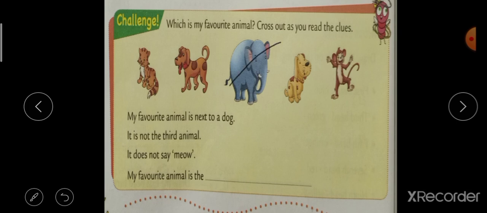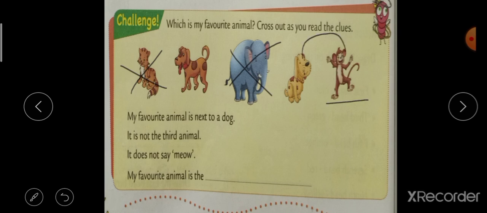But it is saying it is not the third animal. So this is gone. It does not say mew. It does not say mew. Okay, that means this is also gone. My favorite animal is the monkey. So who's left? Dogs.